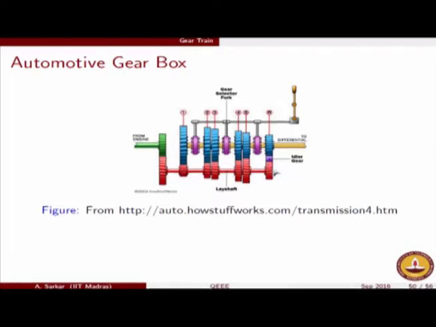So the output shaft does not have any motion. So basically in this neutral arrangement, the output shaft is idle. There is no motion in the output shaft, which is something you would have also observed in neutral. The car or the bike does not move unless because of its inertia. Okay, so this is exactly what happens in the neutral position.